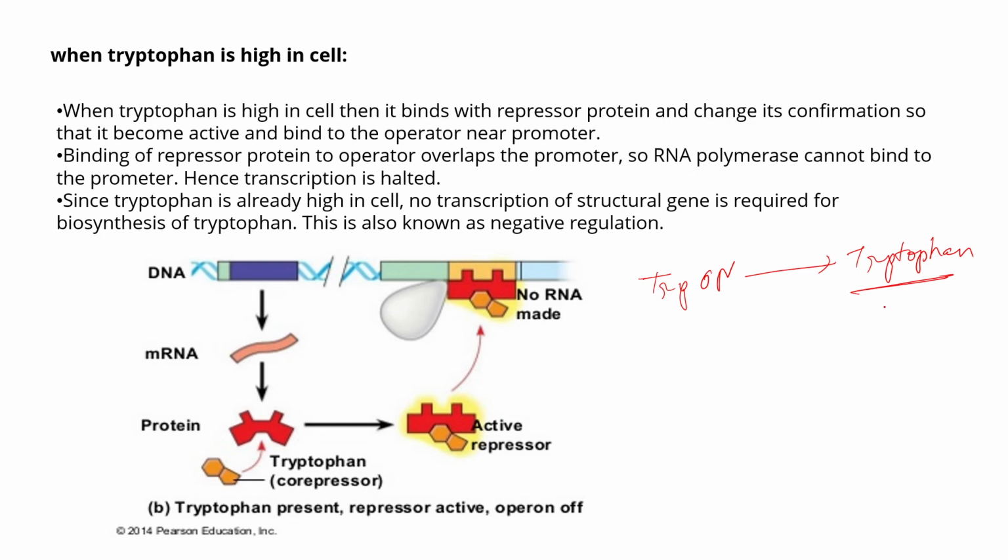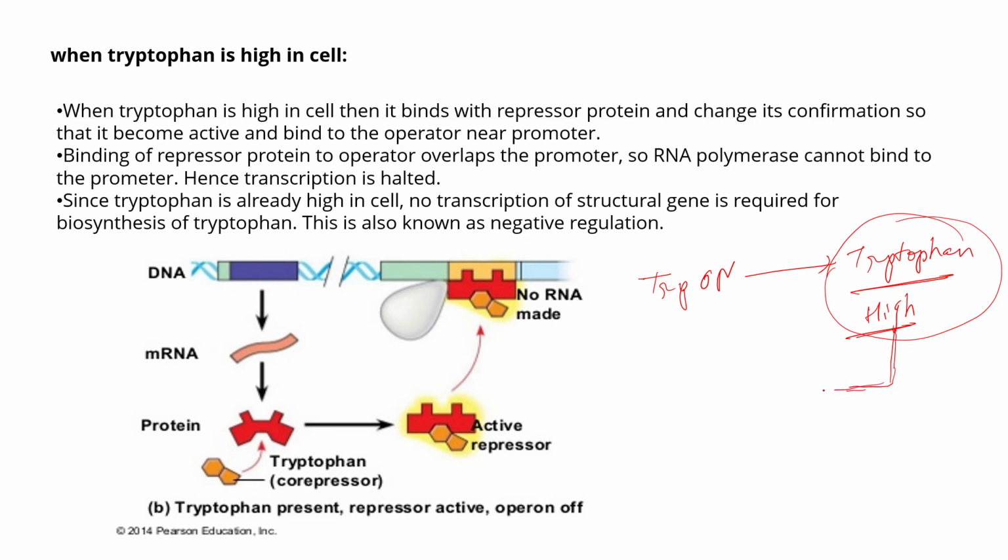And when the tryptophan quantity is high in the cell, what will happen? It will act as a negative feedback inhibition, a negative regulator. What do we mean by feedback? Feedback means it will give a signal that the quantity of tryptophan is now high enough in the cell, you must stop the tryptophan operon.